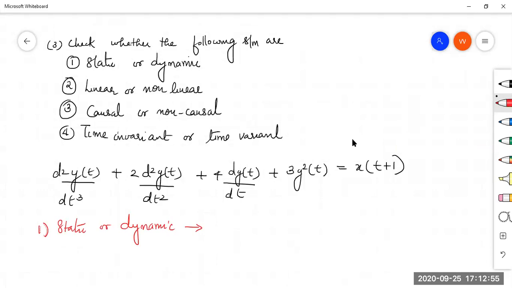Here you can see this y of t is depending on x of t plus 1. So it is not depending on the present time t, instead it is depending on x of t plus 1. So you can say the system is dynamic.